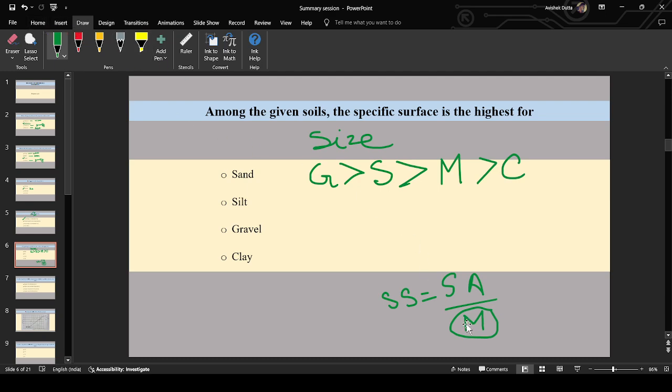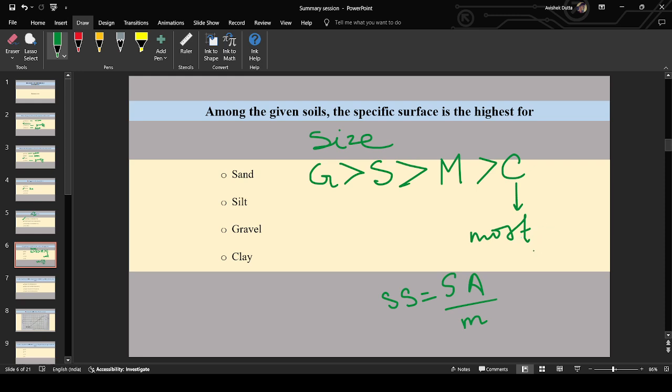So for a given mass of soil, which of these types of soil will have the largest number of particles? Obviously clay. Clay will have the most particles because it has the least size. So for the given mass, it needs more particles to fulfill the requirement of mass.